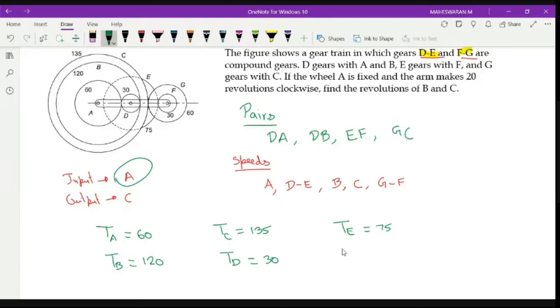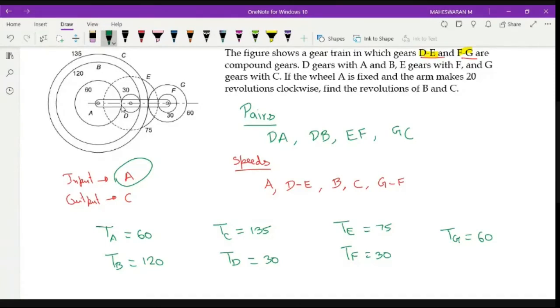TF is 30. And last TG is 60. Right? So these are the number of teeth. So there is no problem in identifying the teeth. Right? So we can directly solve this problem.